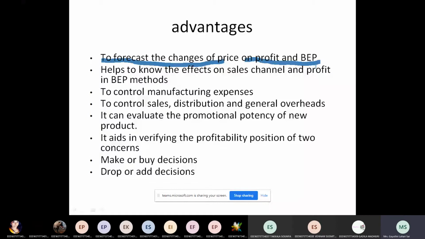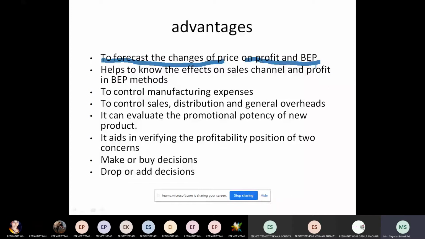Sometimes you are a monopoly company, meaning you are the only owner and only manufacturer of the product in a society. So how do you change the price to achieve the profit and reach that point earlier? You can forecast it if you do this break even analysis.